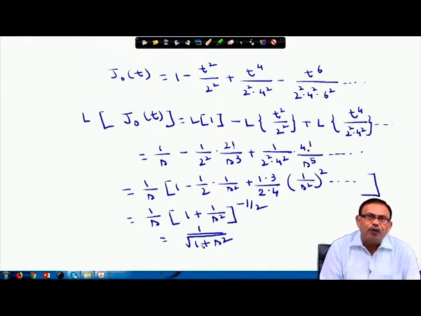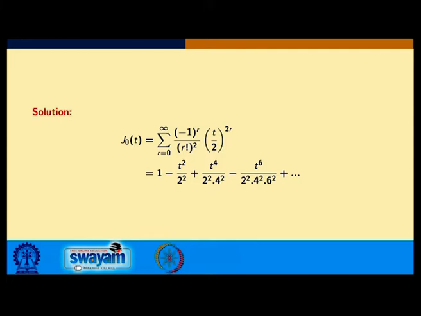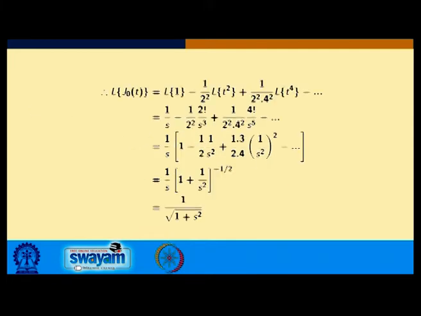If I do not know the Bessel function, it will become very difficult to find the Laplace transform. So, we are finding the general forms. Even someone using Bessel functions and Laplace transforms can directly use this formula and find the solution of their original problems.